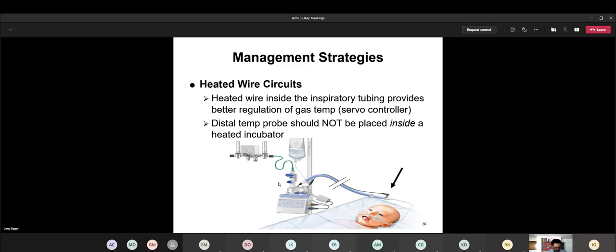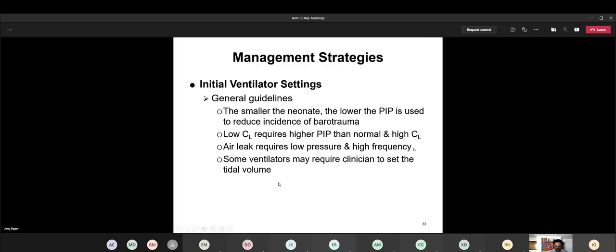Okay, so we're going to finish up chapter 17. Now, with the initial settings that were included in this chapter, we used it in the lab yesterday to say what we should be starting with as far as is this a term baby or is this a preemie?